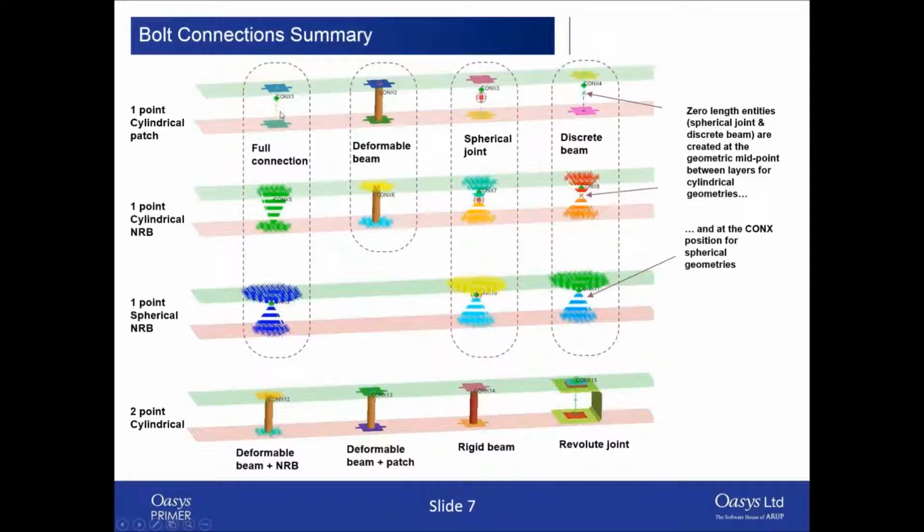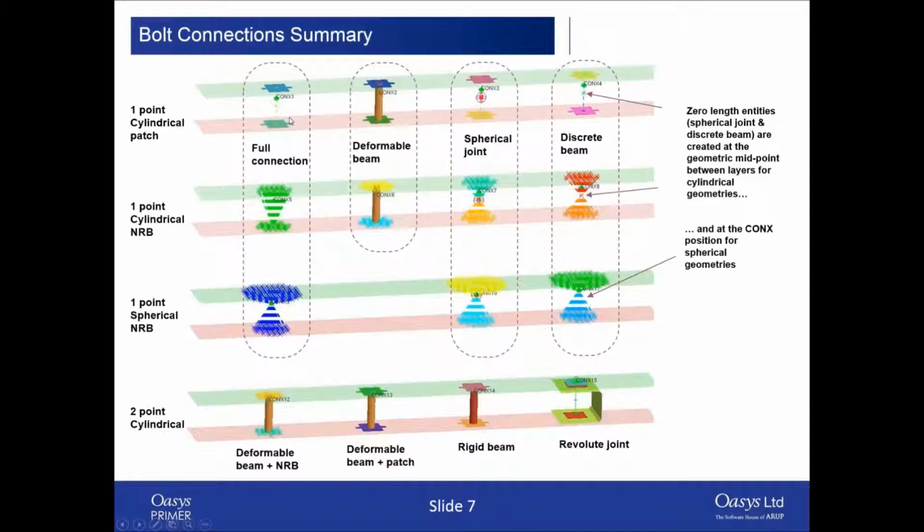Now, what PRIMER does is, if we have this input point here, the coordinate where we want to create a connection entity, PRIMER will automatically determine the orientation of the surrounding panels, this green part and red part, and create a cylinder of a specified size, and any shells within that cylinder will be added into the rigid patch. Once the rigid patches are created, it will create a rigid body merge between the two patches.